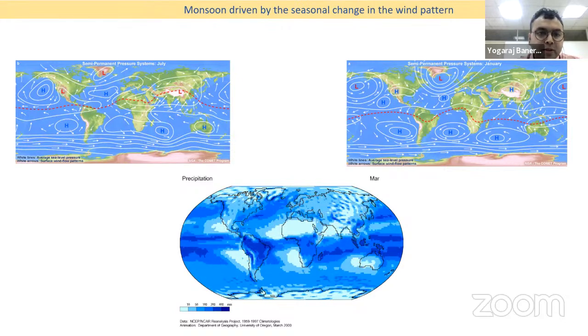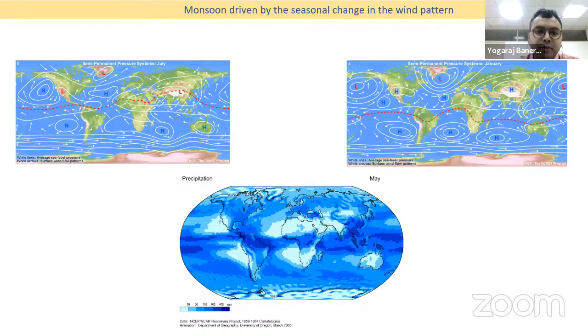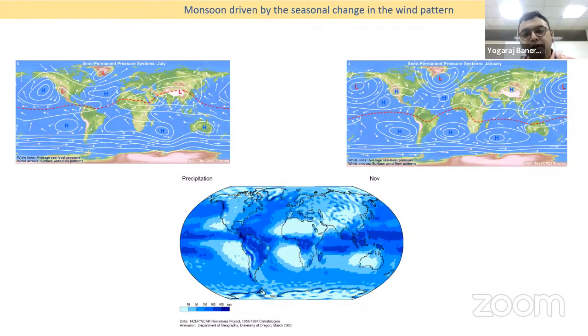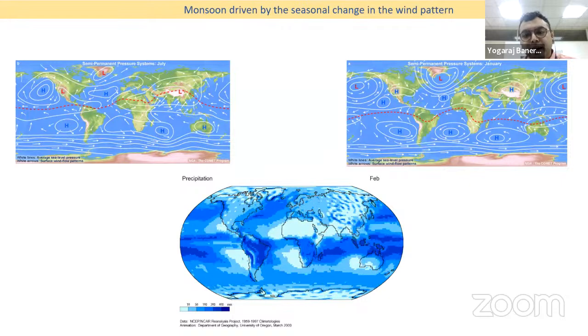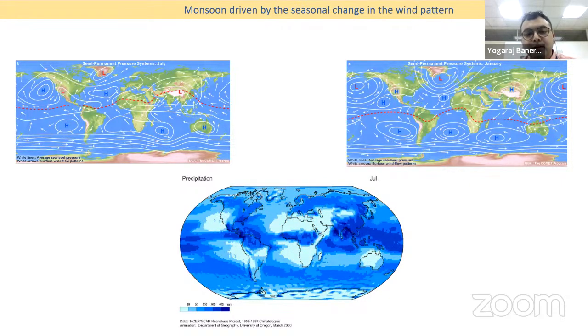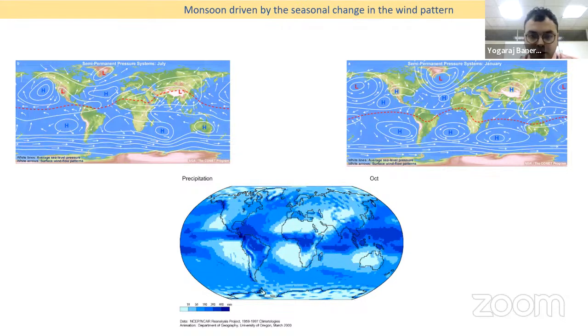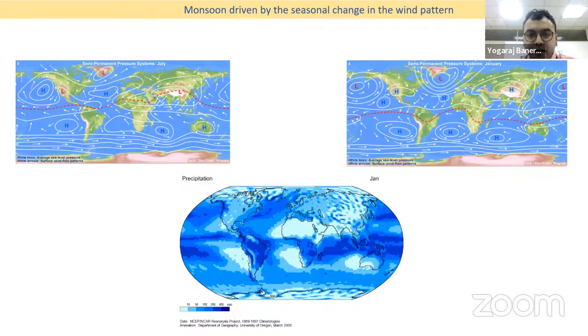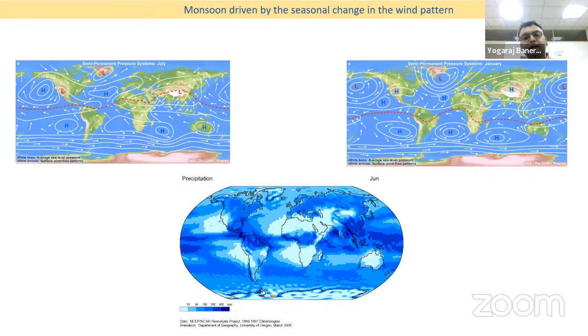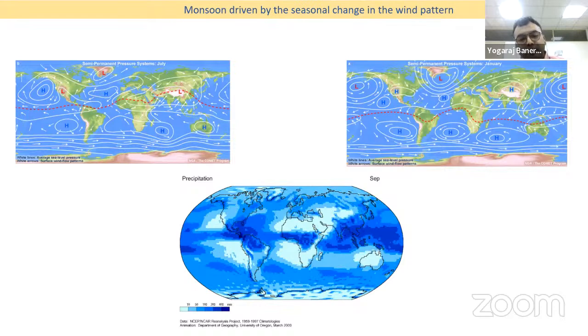The red dotted lines represent the position of the ITCZ, the Intertropical Convergence Zone. As the ITCZ moves, the precipitation pattern also changes throughout the world, and that can be seen in the animation at the bottom panel of the slide.